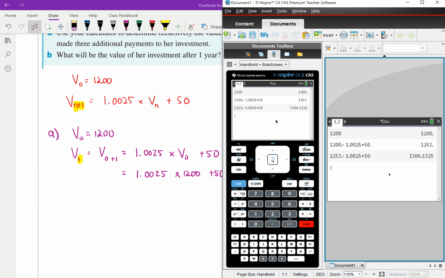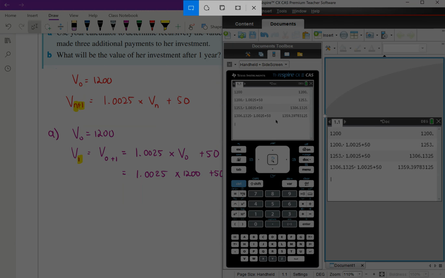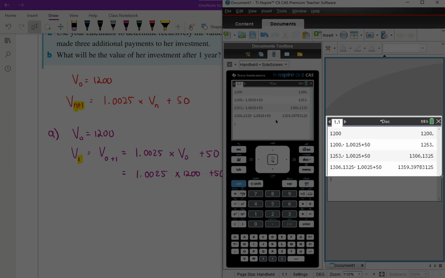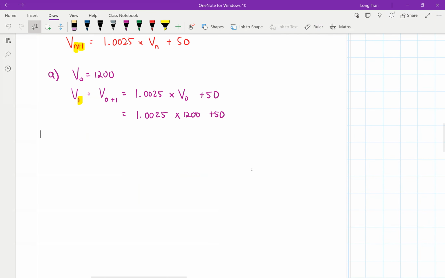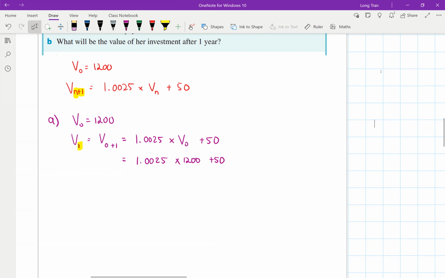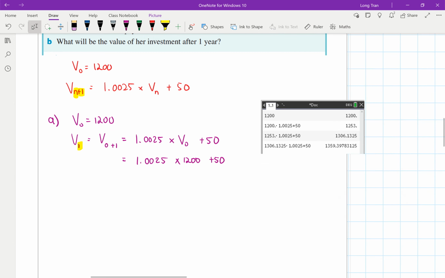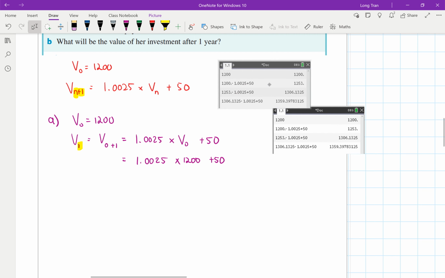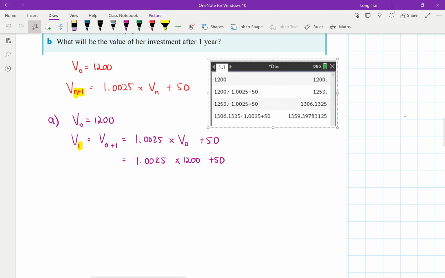So we can see the recurrence formula here, that after 3 repayments, I'm just going to copy paste this section so that we can add over here. Here we go. So we can see that after 3 payments, V0 was that, V1, V2, V3.